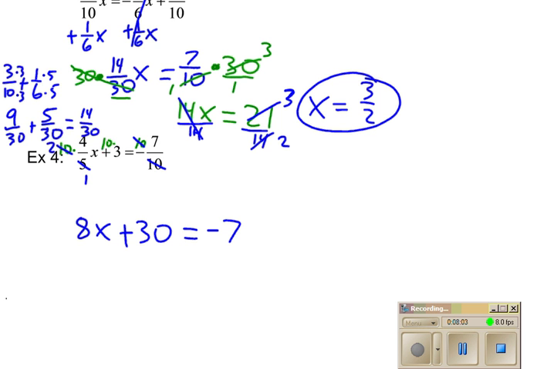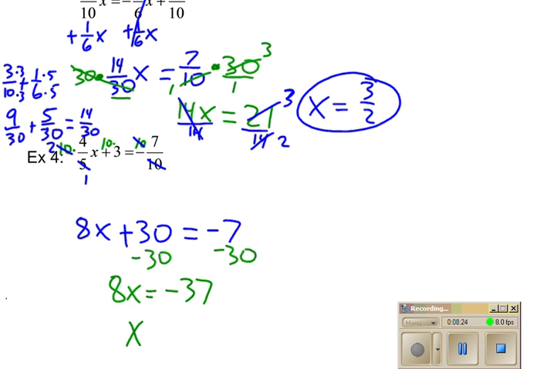Once I'm here, we're going to subtract 30. So 8x is going to equal negative, yes, it will be negative, -7 minus 30 is -37.